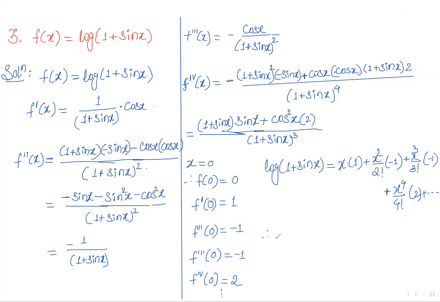So finally we are getting the expansion of log of 1 plus sin x in powers of x, which is equal to x minus x square by 2 factorial minus x cube by 3 factorial plus 2 into x raised to 4 by 4 factorial, and so on.